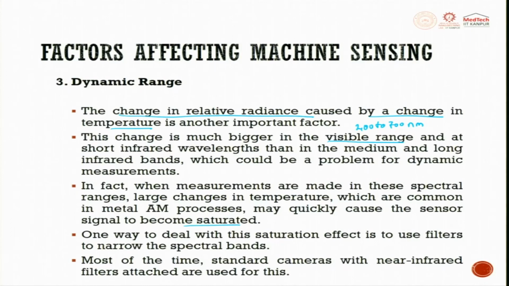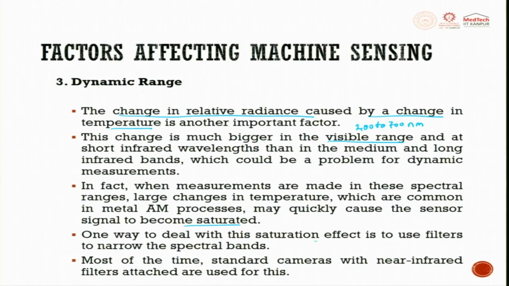Moment it gets saturated, then onwards it will not capture any signal at all. And this is very common when we are trying to use electron as a source or photon as a source, optics.